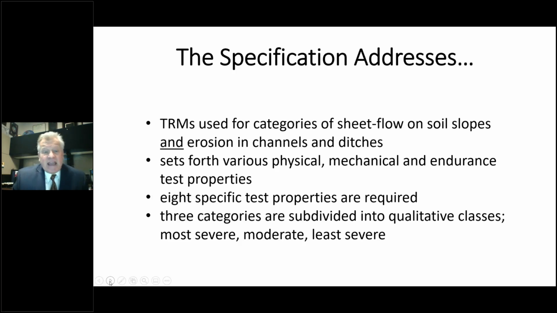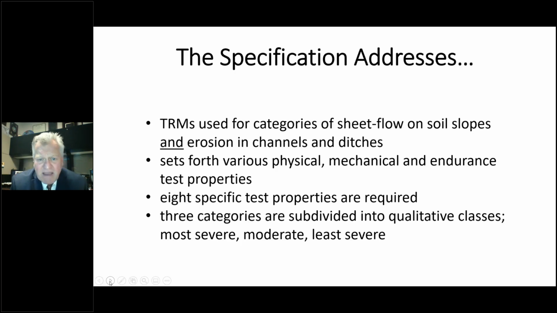This specification in particular for TRMs uses several categories, and these are categories for sheet flow and channel flow. It sets forth various physical, mechanical, and endurance properties.